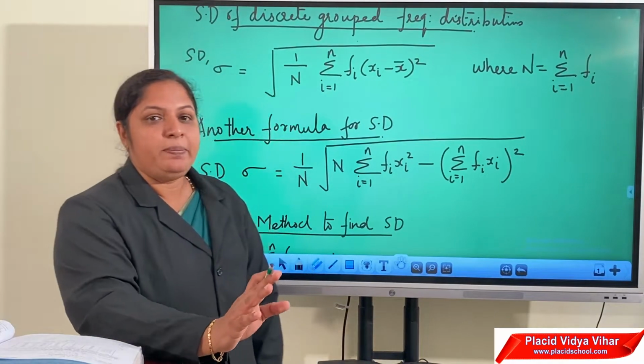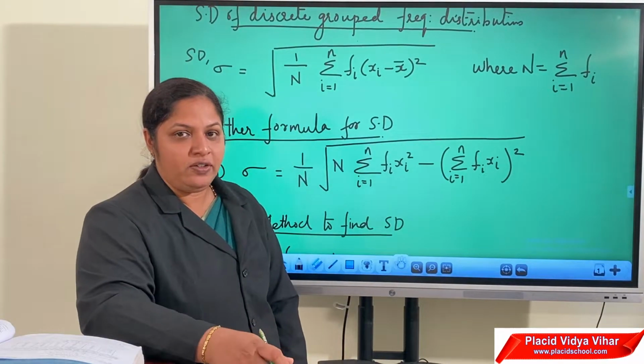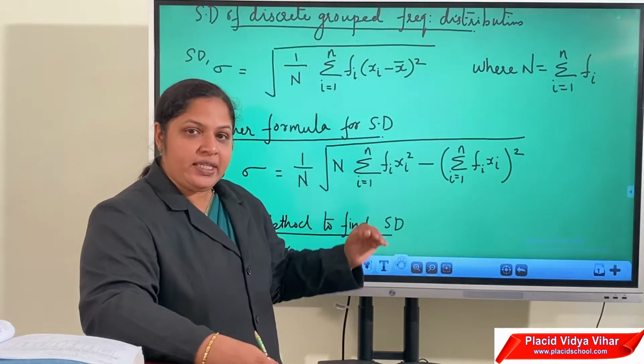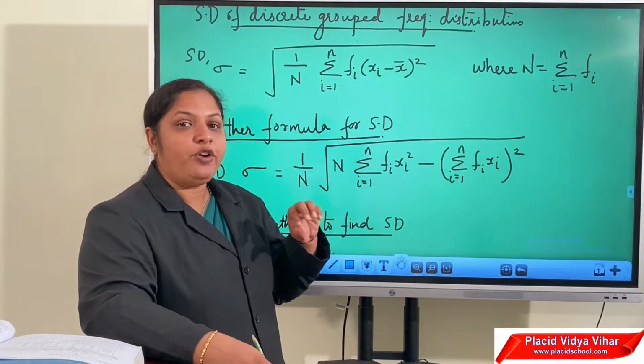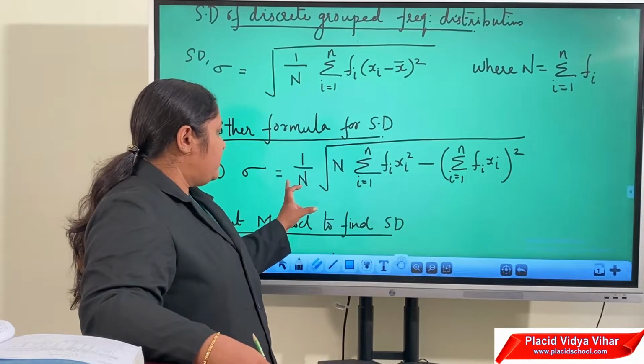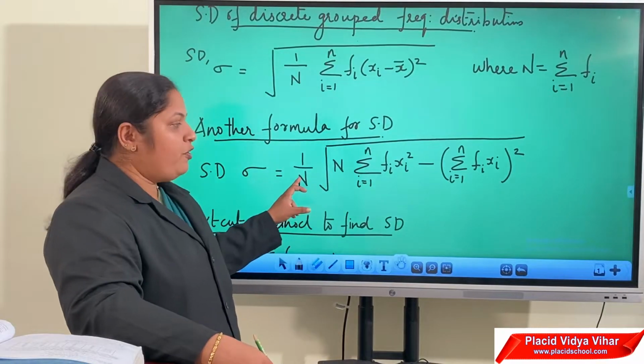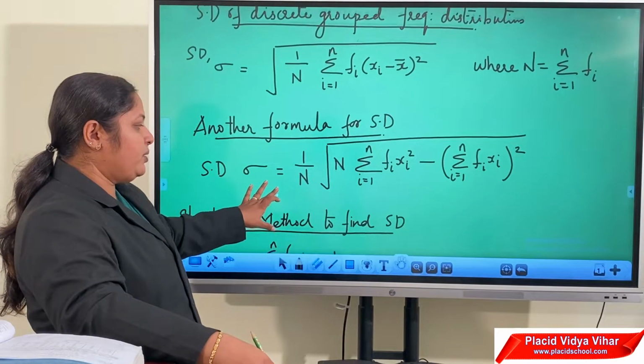That is, we multiply the frequency and the observations, find the sum and take the square of that sum. So this is one other formula to find the standard deviation.